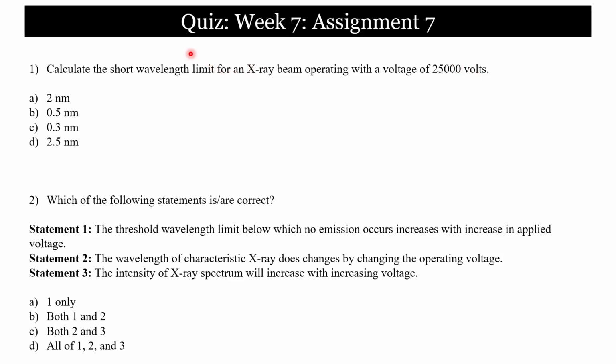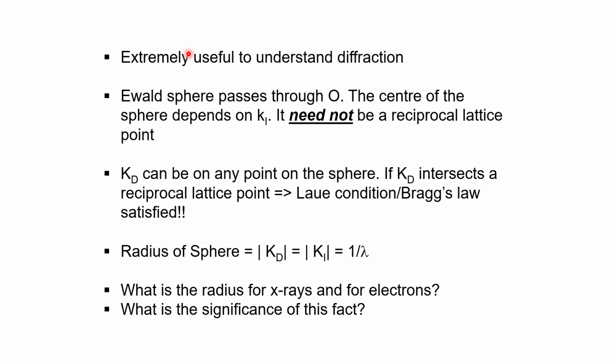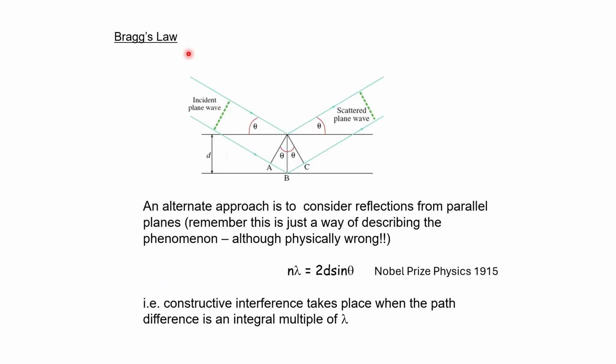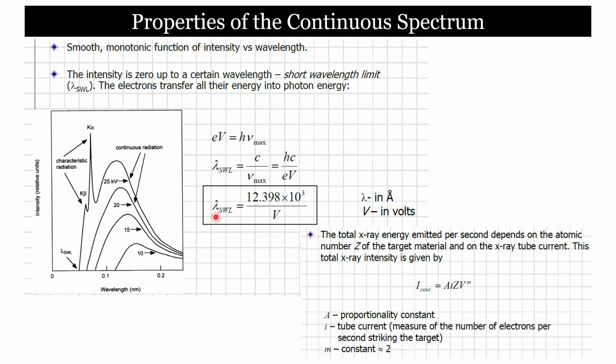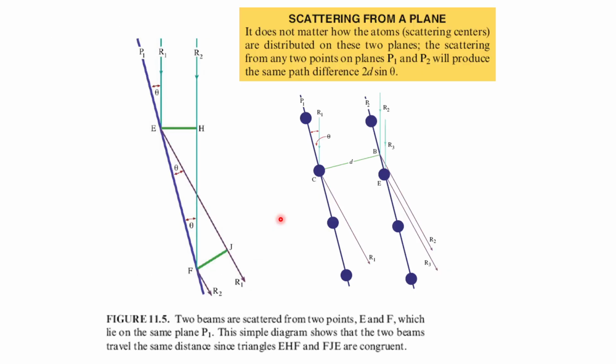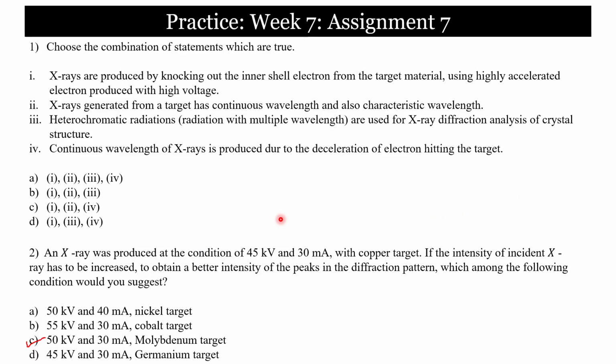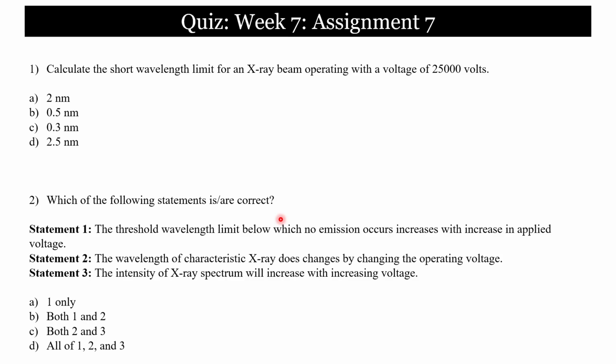For this short wavelength limit also we had a formula which we discussed in the lectures, which is that the short wavelength limit will be given by 12.398 into 10 raised to power 3 divided by V. So using this formula, can anybody calculate and tell me the answer of this question number 1, where you just need to calculate the short wavelength limit at a voltage of 25,000 volts.